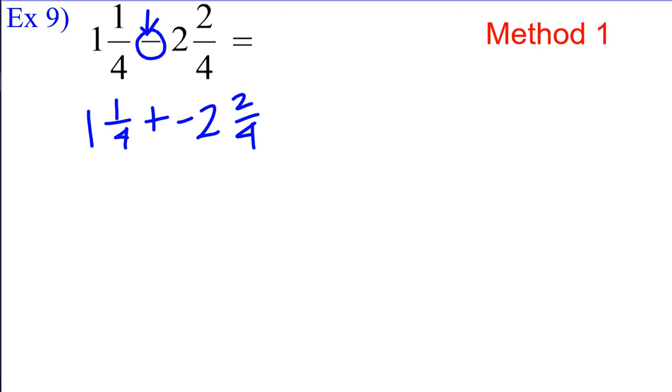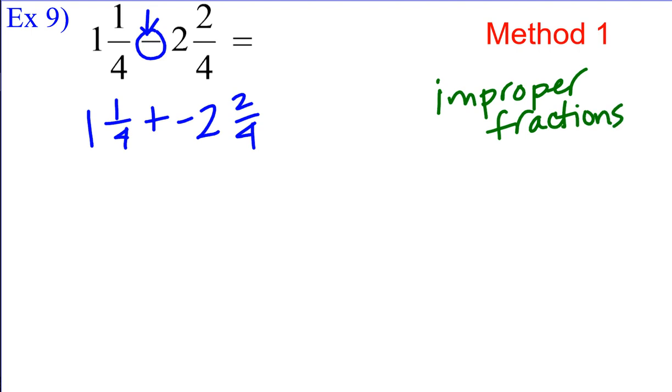Method 1 says change them to improper fractions, because then they will look just like our other problems, a single fraction and a single fraction. So let's try that. 1 1/4 becomes 5/4, plus negative: 4 times 2 is 8, plus 2 more is 10, so 2 2/4 becomes negative 10/4.